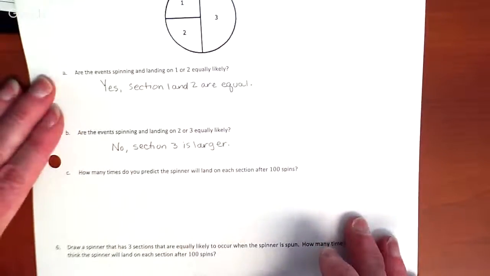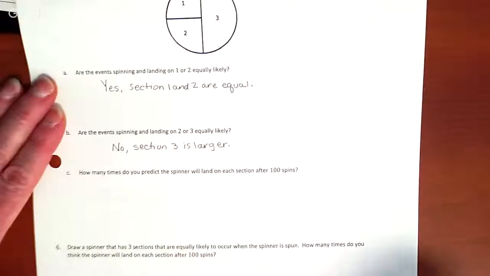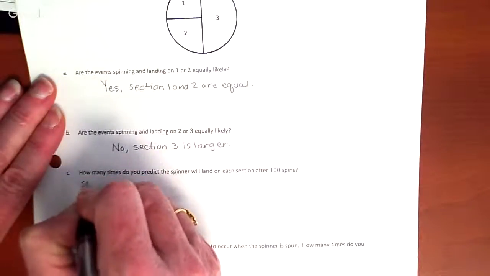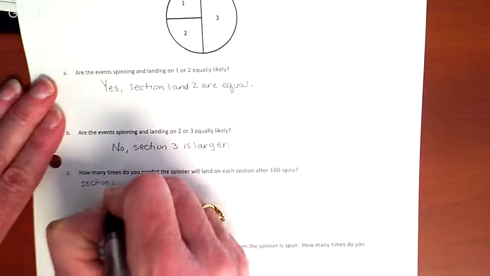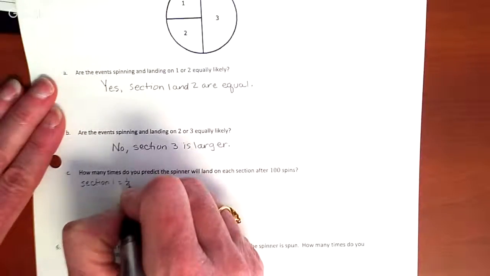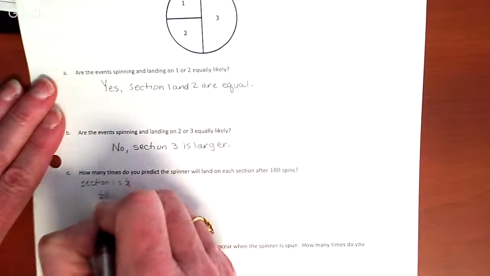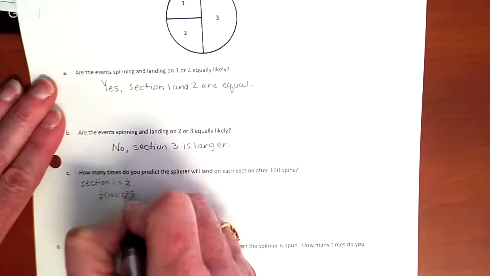So then next it says, how many times do you predict the spinner will land on each section after 100 spins? Well, in section 1, because it's 1/4, we would spin 1/4 times 100, which would be 25 times.